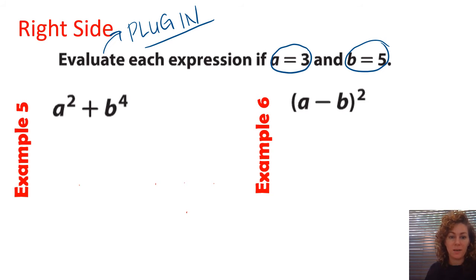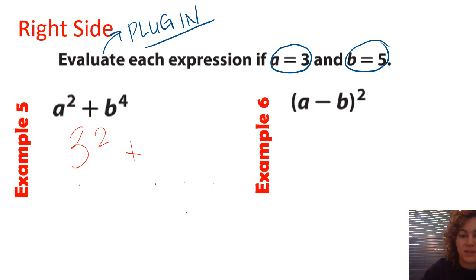Okay, for this slide, I'm going to evaluate each expression if a equals 3 and b equals 5. Basically, that means I'm just going to replace the a's with 3 and the b's with 5. So if a equals 3, for this one, I have 3 squared plus 5 to the 4th power.